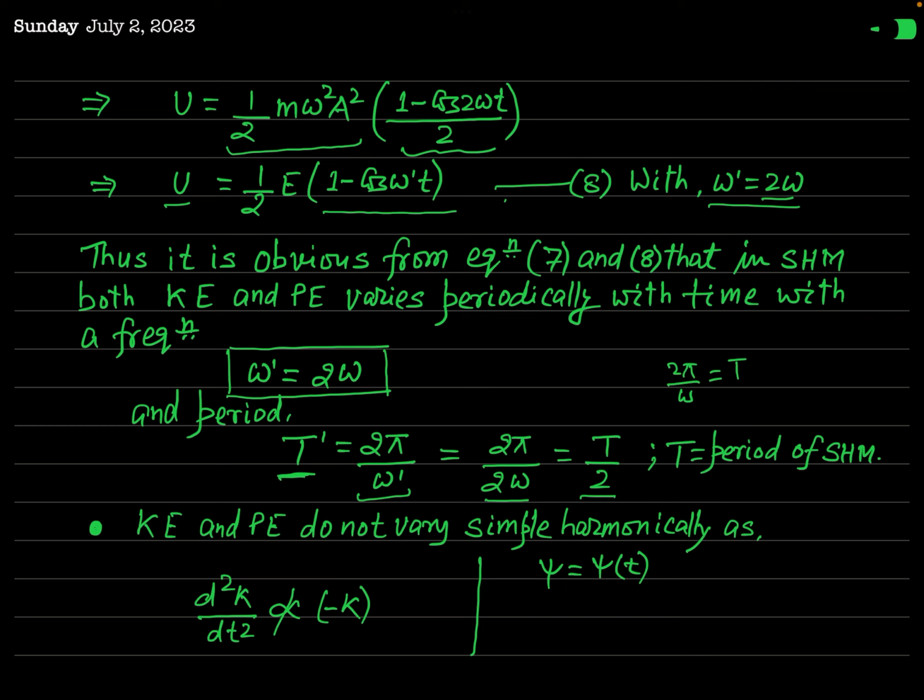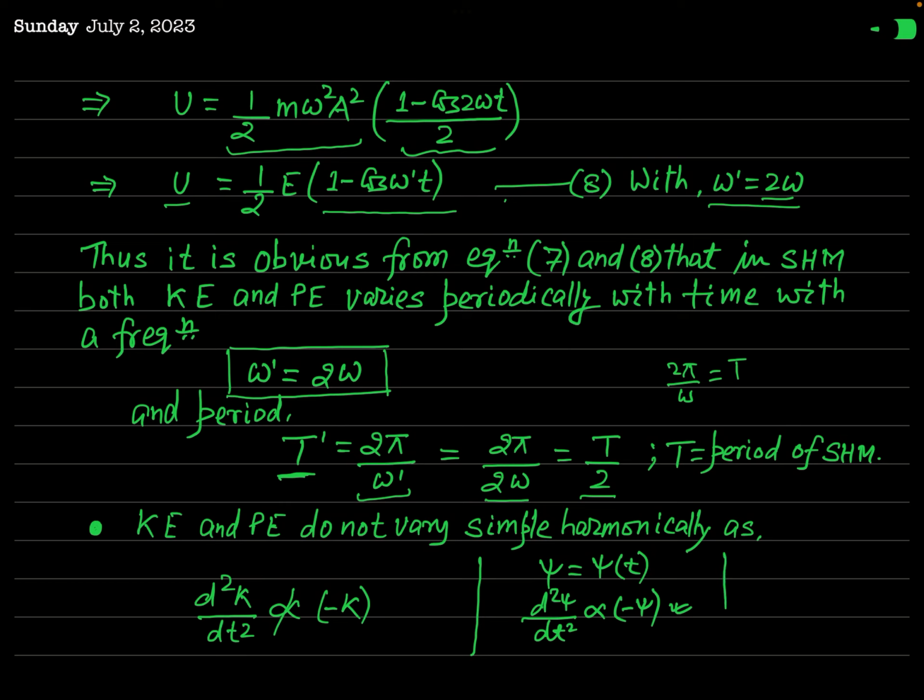You have learnt in the definition of simple harmonic motion that if any function psi, which is a function of t, will vary simple harmonically, the necessary and sufficient condition for it is its second order time derivative, that is d2 psi by dt square, should be proportional to minus psi. This is actually the necessary and sufficient condition for psi to be simple harmonic.